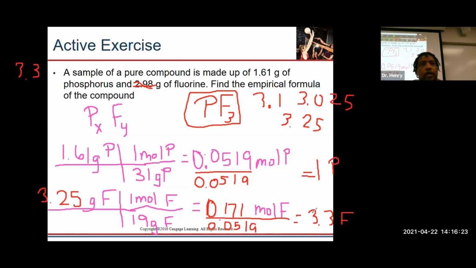So what can I multiply 0.3 by to make it a whole number? So let me see if I can change this. If I have 0.3 times what number, times x, is going to give me 1.